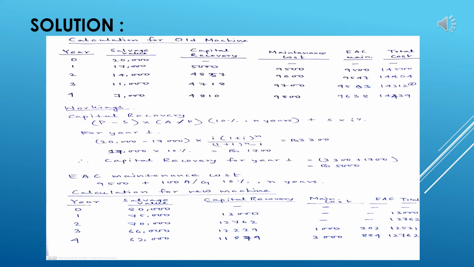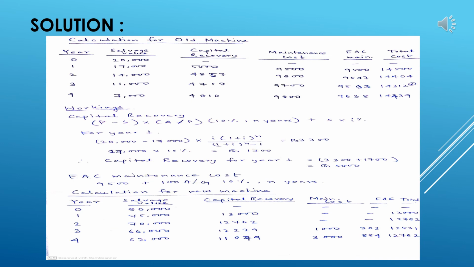Now coming back to the solution part, if we focus on the calculation of the old machine, we have the columns of year and the salvage value given to us. Year 0 means the period when the machine is actually bought, or the present worth of that machine.